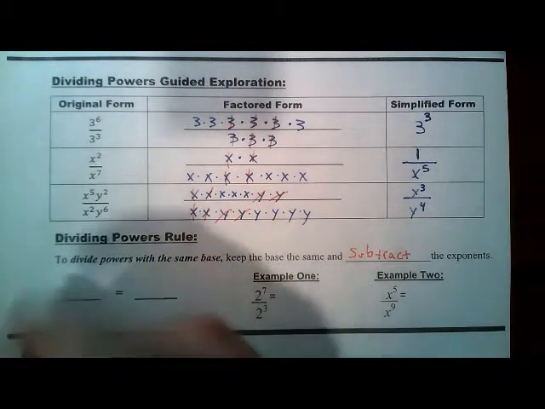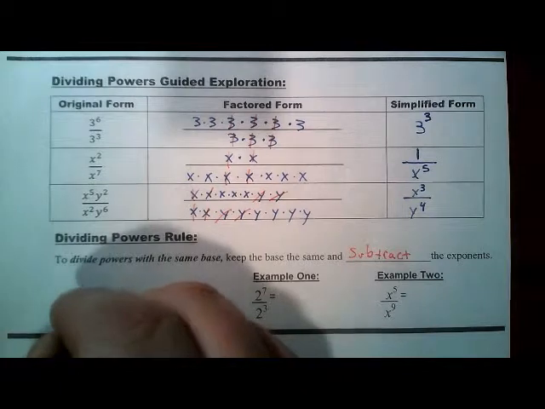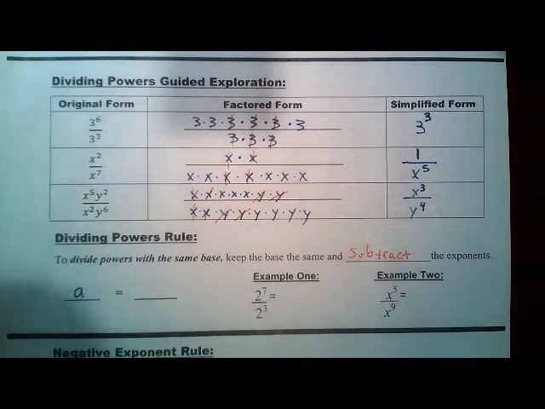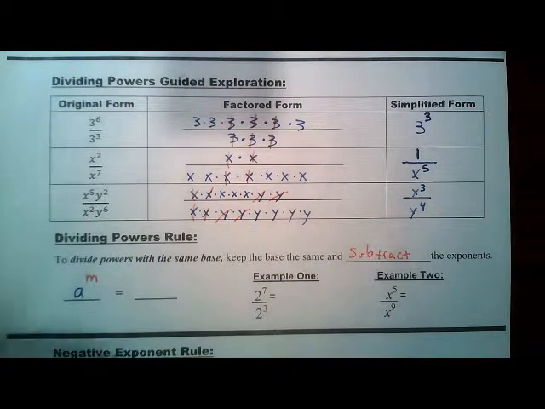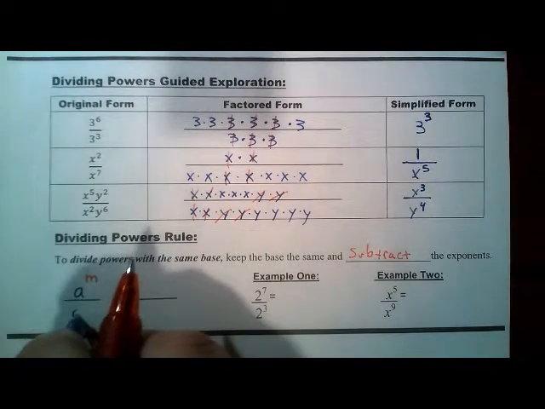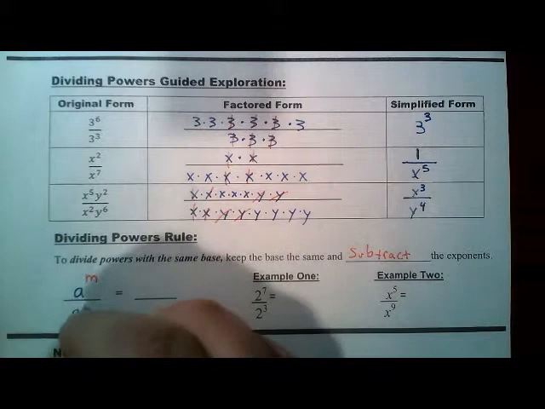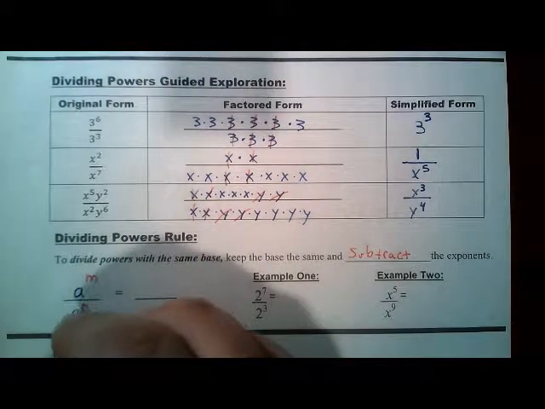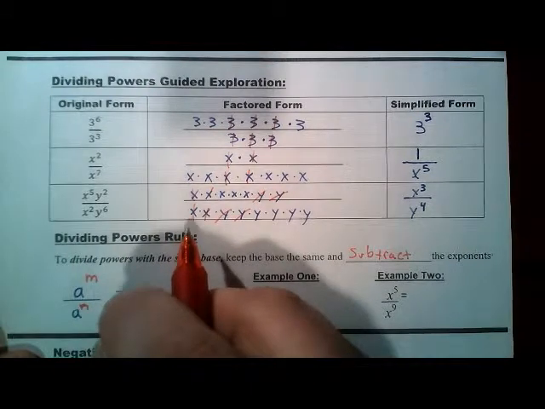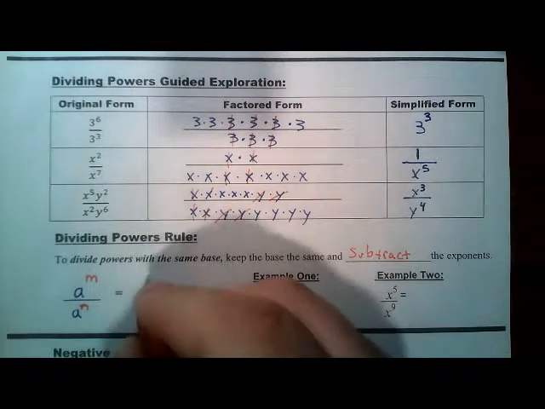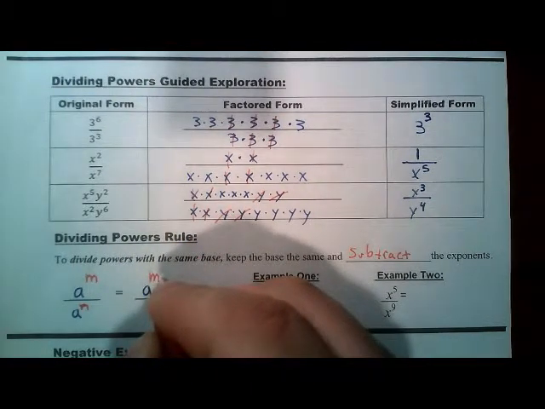So what that looks like is a problem such as a to the m over a to the n is equal to a to the m minus n.